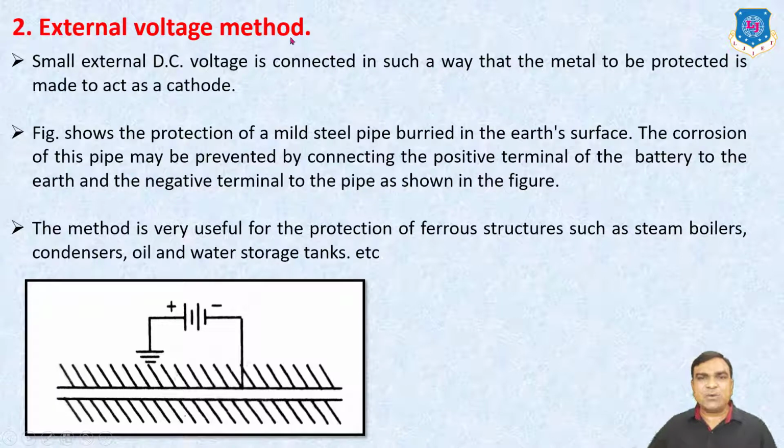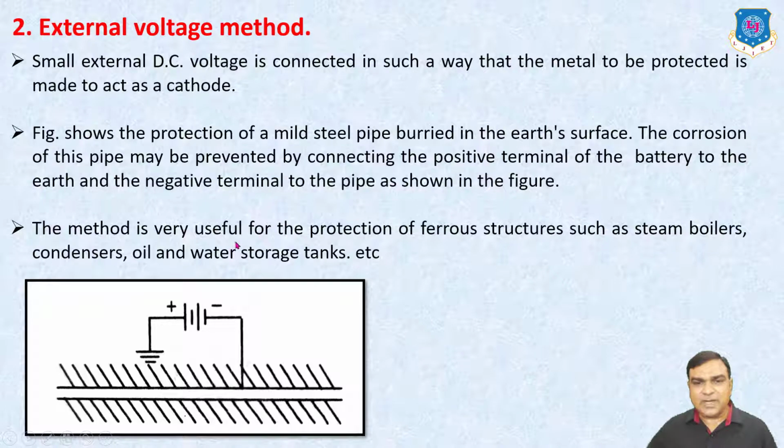Second, external voltage method. A small external DC voltage is connected in such a way that the metal to be protected is made to act as a cathode. The figure shows the protection of a mild steel pipe buried in the earth. The corrosion of this pipe may be prevented by connecting the positive terminal of the battery to the earth and the negative terminal to the pipe as shown in the figure.